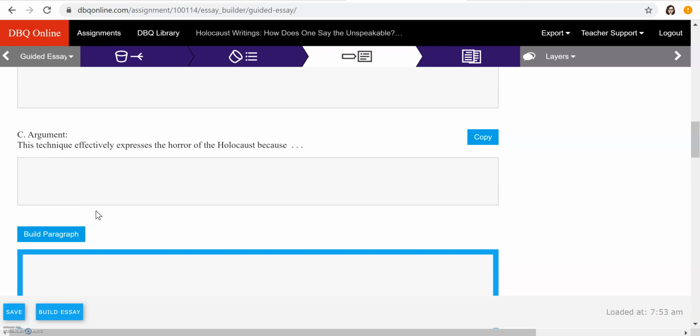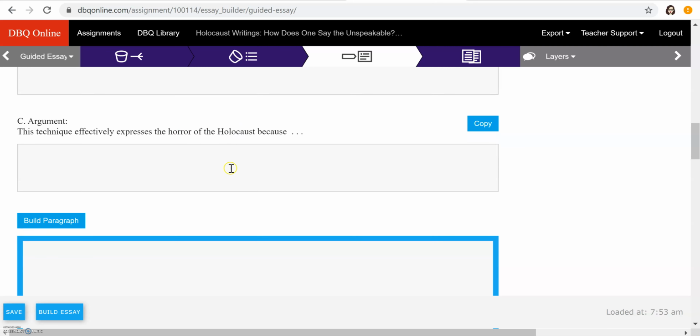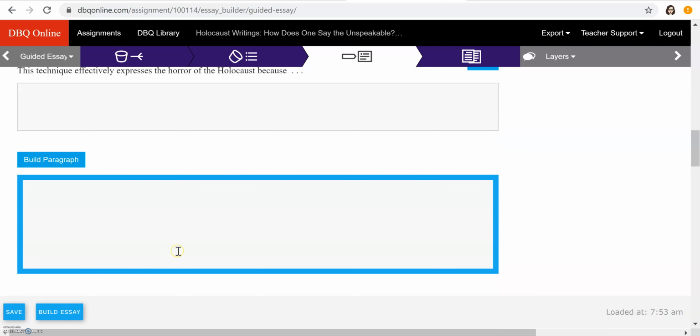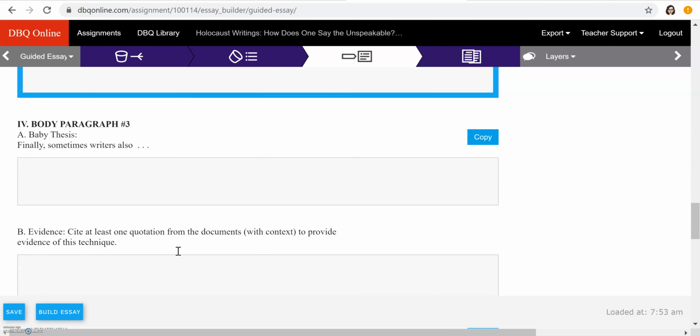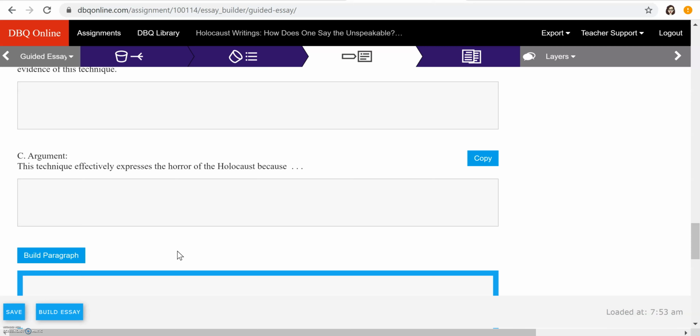So the repetition of the word Jew 6 million times expresses the horror of the Holocaust because it creates a physical representation for every life lost. And then you can go into more detail with that. Once you type in each of these boxes, it will build the paragraph for you. You're going to do this 3 times with each of your topics.